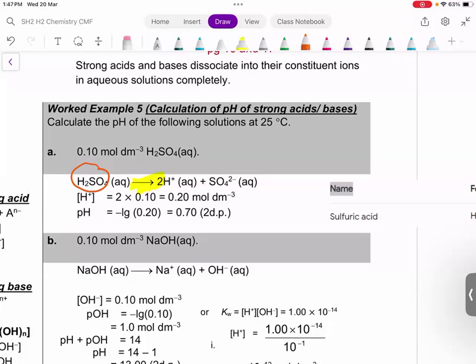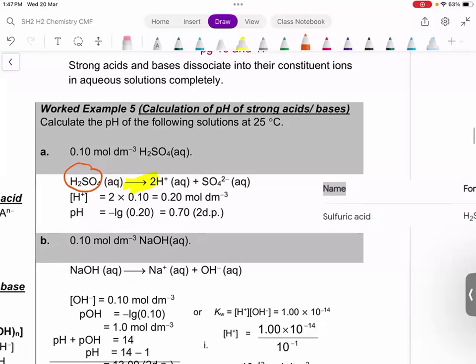Later on, I'll give you an example for you to look at. For a polybasic weak acid, we only consider Ka1 when we calculate pH. For strong acid, we consider full dissociation.